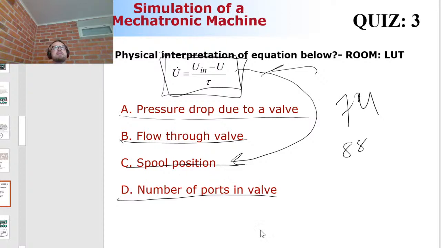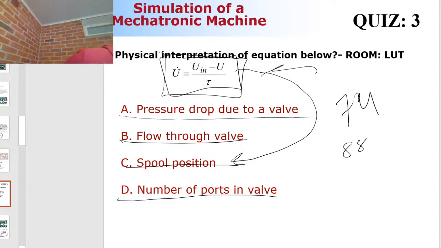Okay, but let me see how the game is today. Is it that we got the same winner as the previous time? We don't have 88 here, or do we? No, we don't. We got 89. I think that's acceptable. And what else?